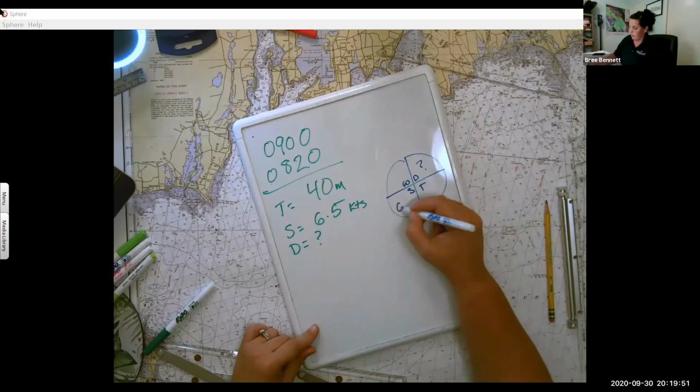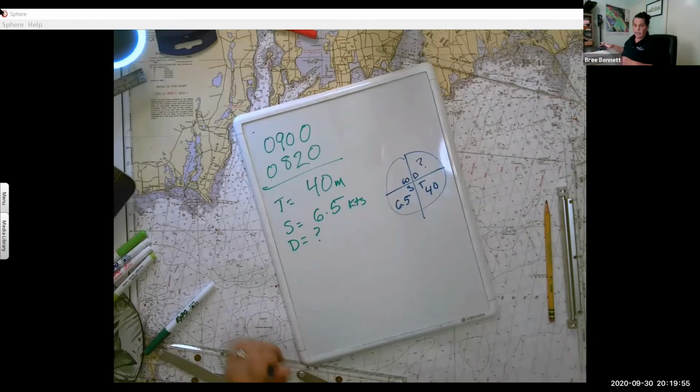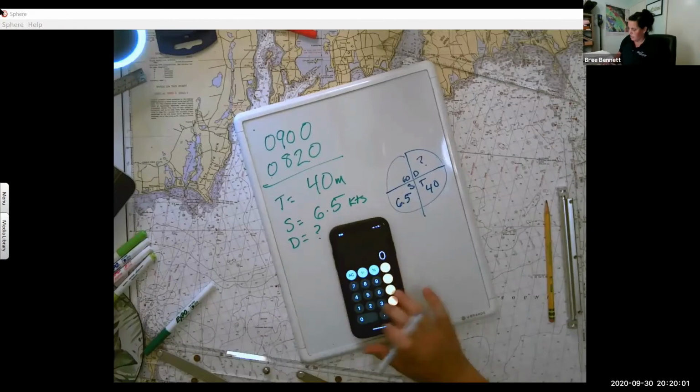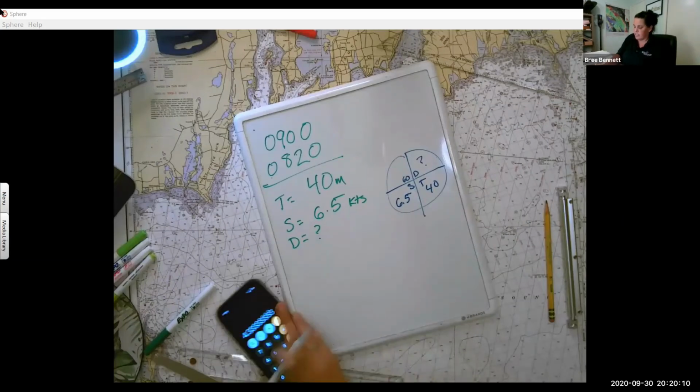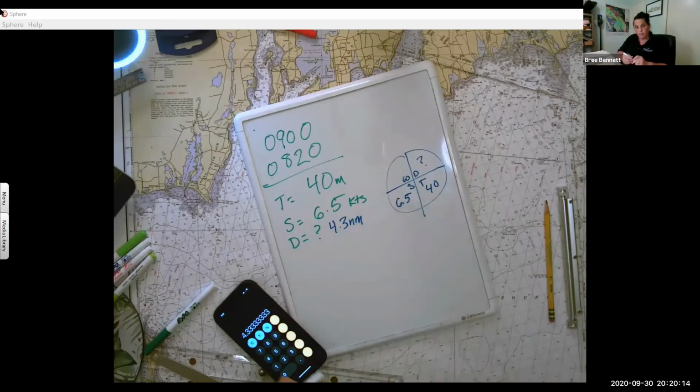Speed is 6.5. Time is 40. So I use 6.5 times 40 divided by 60. I get a distance of 4.3 nautical miles.